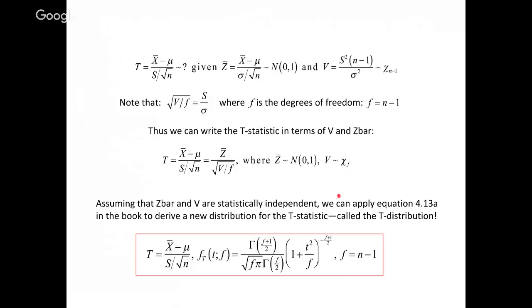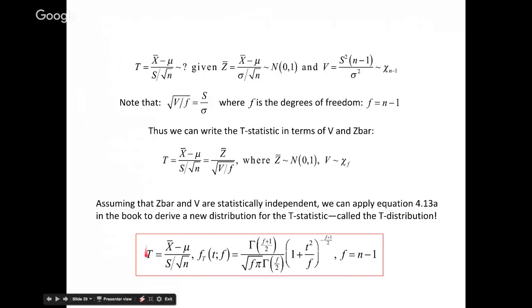So when you take this function g, relating the dependent random variable and two independent random variables, and plug them into equation 4.13 in the book for deriving the distribution, you end up with a new probability density function called the student t distribution, which is shown here.